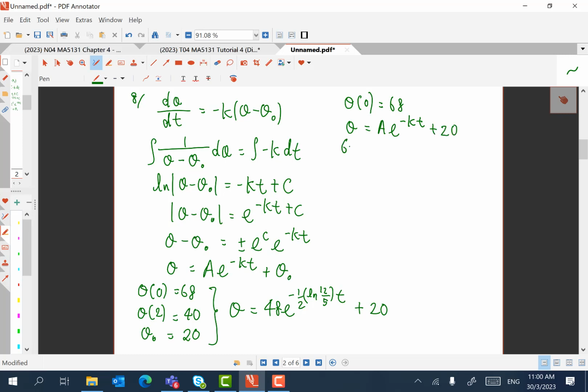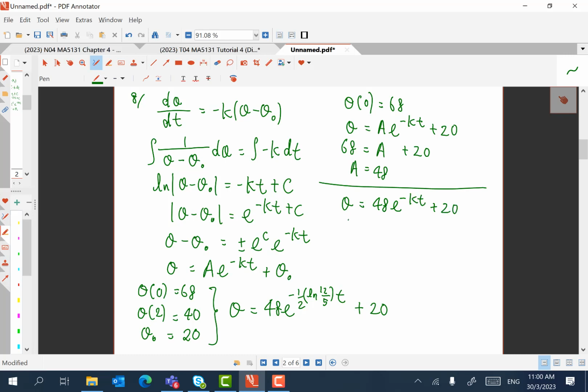So put theta as 68, you get A plus 20, so A is equal to 48. Then you get theta equals 48 e to the power minus kt plus 20.